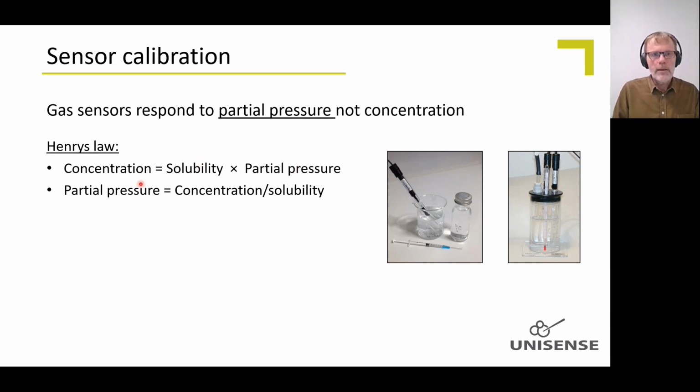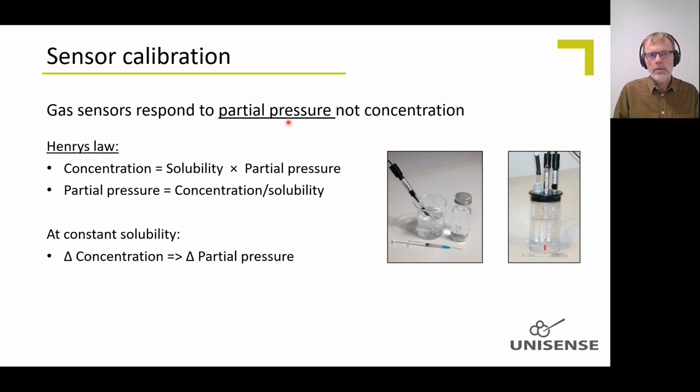You can rearrange that, and so the partial pressure equals the concentration divided by solubility. And if you keep the solubility constant, then a change in partial pressure will give a change in concentration. And this is actually the reason that we can measure concentration with a sensor that measures partial pressure, as long as we keep the solubility constant, and that means keeping temperature and salinity constant, and that's normally not a problem.